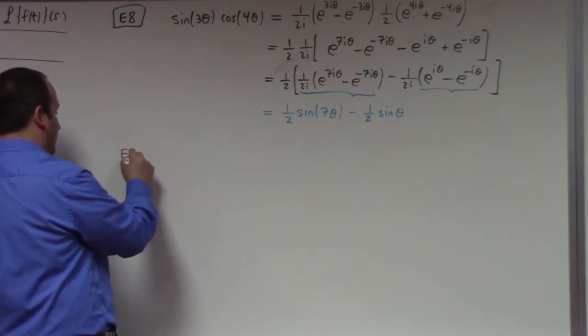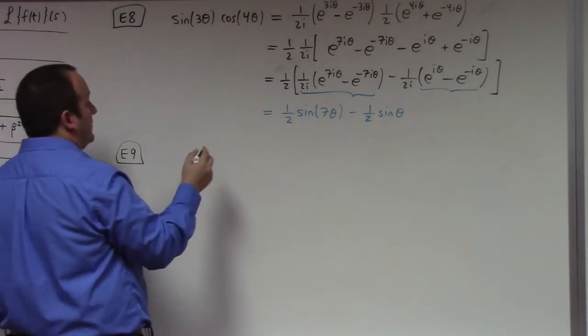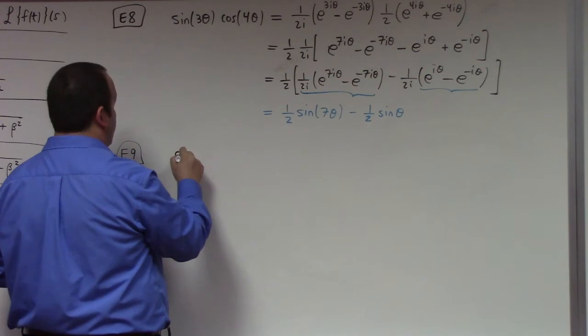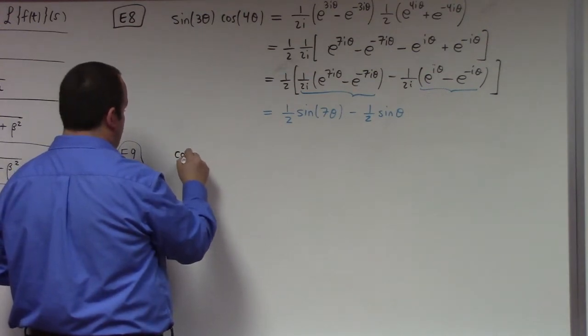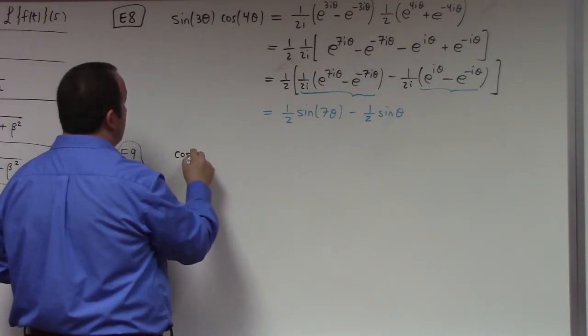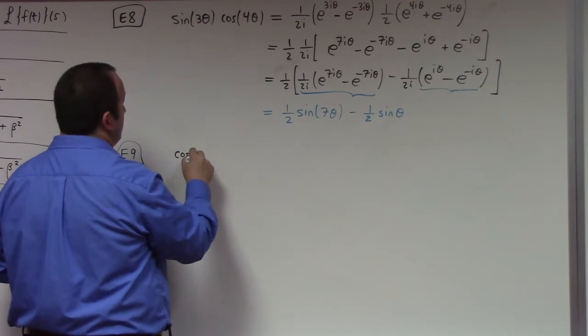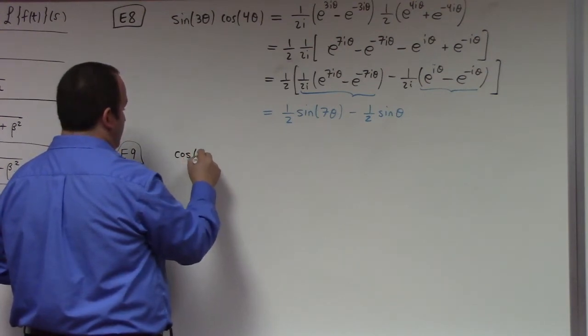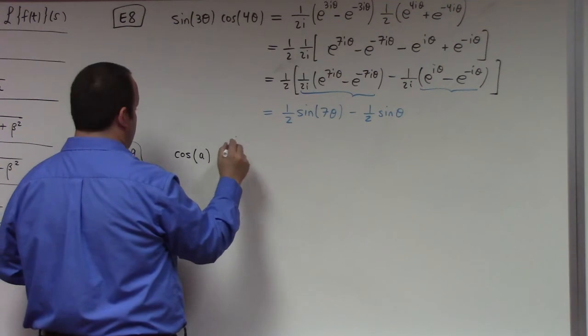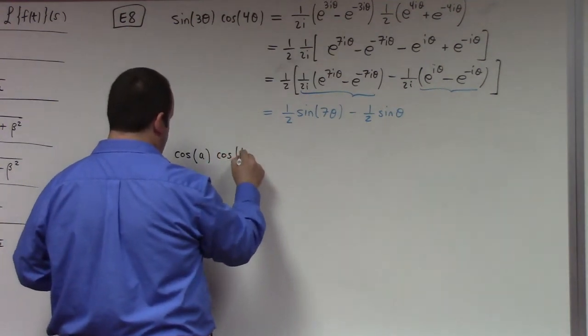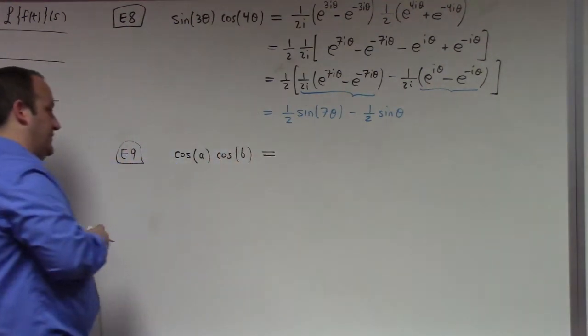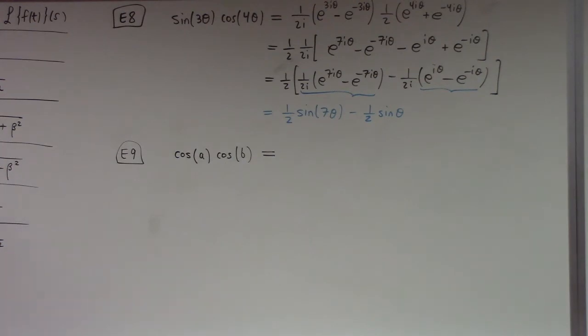Example 9. What if I wanted to calculate the formula for the cosine of, here, let's be lazier. Let's do cosine of A times the cosine of B, like that. Let's just derive the formula for it. How to reduce a product of cosines.